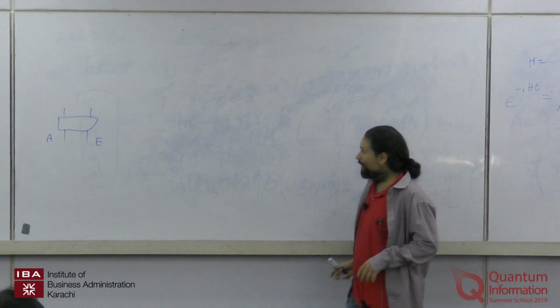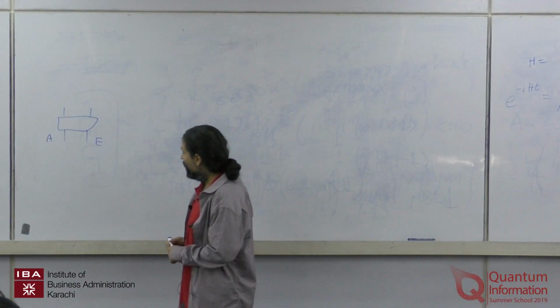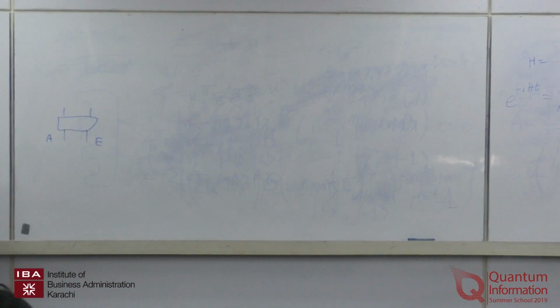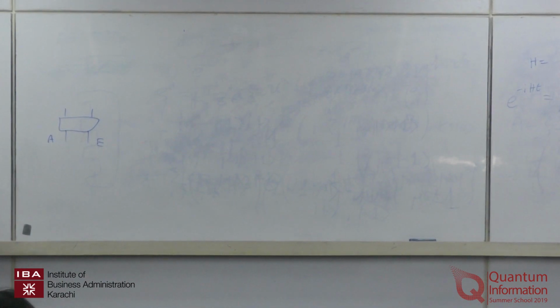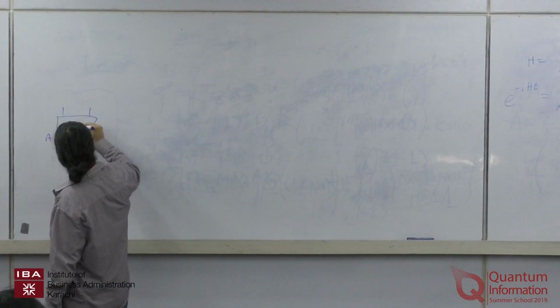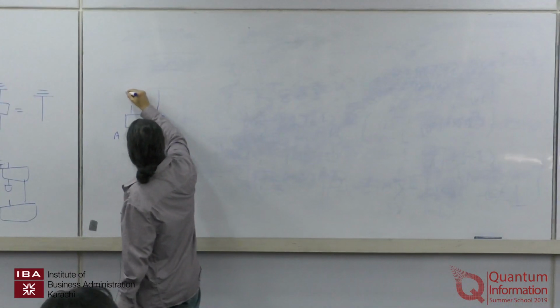Now, eventually, what we will have to do to calculate our process will be to compose our unitary operator for different time steps. So this is something that goes on for some time 1.